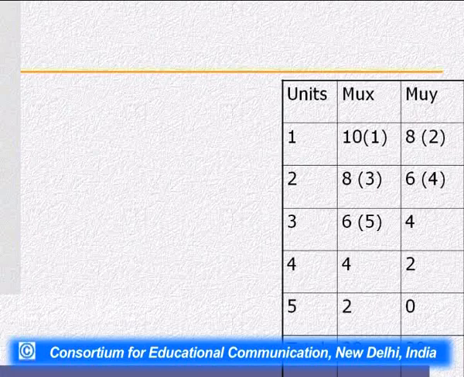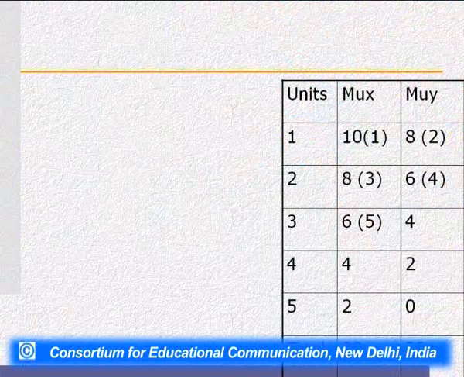Total units in terms of rupees, you have only 5. So how can you spend in a particular way where you get maximum satisfaction? You can see your first unit you can spend on commodity X, where you get 10 utils of satisfaction, the maximum satisfaction you get after spending the first rupee.